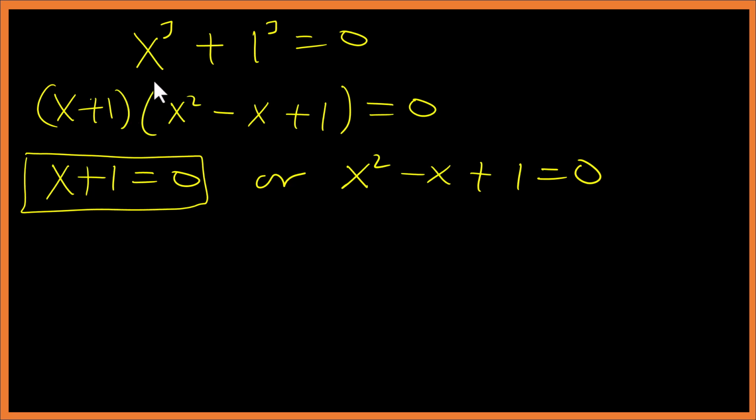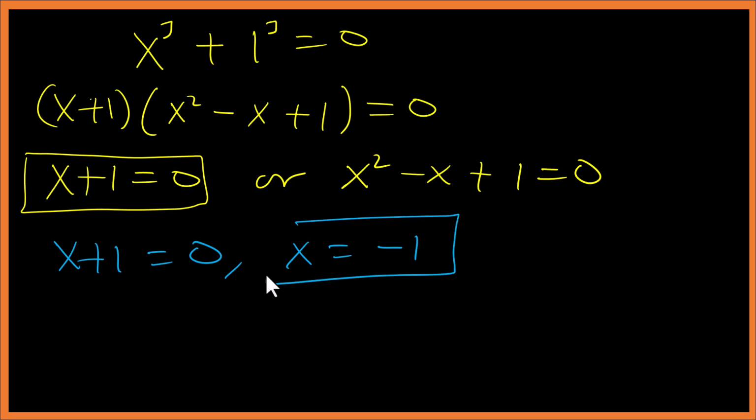From here, this one will give us the first answer. Remember, the highest power is 3, therefore we are required to come out with 3 solutions. So I'll write my first solution as x plus 1 equal to 0, therefore x equals -1.